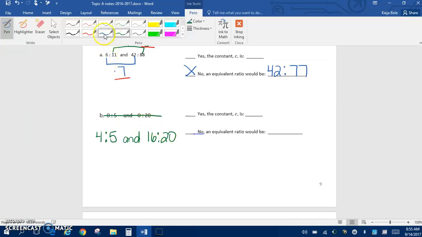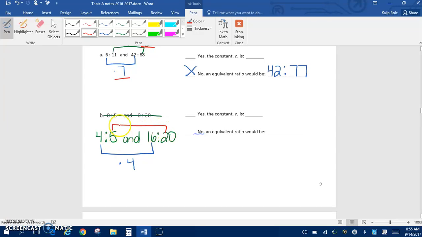Alright, so we're going to do the same thing as we did before. We're going to compare the first numbers. So we're looking at the 4 and the 16. 4 times what gives us 16? That's what you have to ask. And we know that 4 times 4 is 16. So now we need to look at the second numbers in the ratio, so the 5 and the 20.